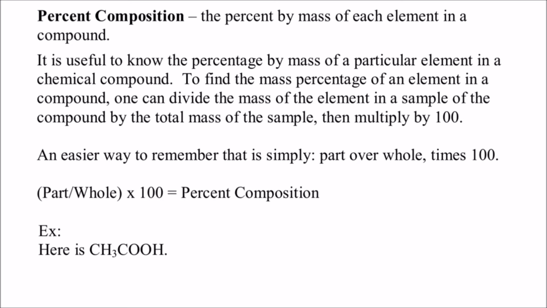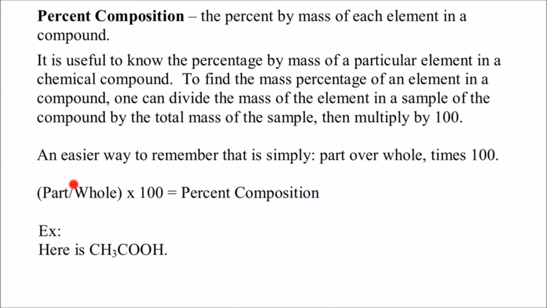The way that we do this is by knowing what the mass of every element is in a compound and then dividing that by the total mass of the compound. So an easy way to remember that is part over whole times 100. The part is the mass of the individual element, the whole is the mass of the entire compound, and then when we multiply by 100, we turn it into a percentage.